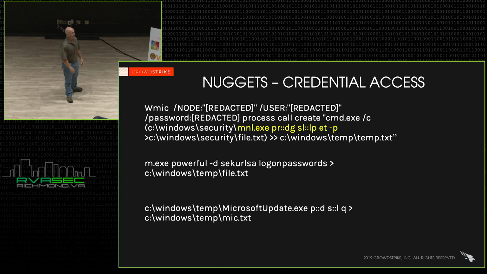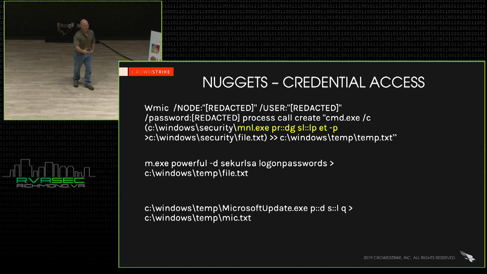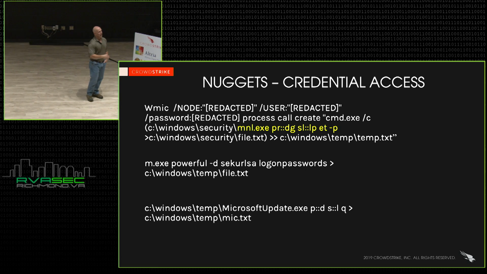That was new to us as of December of last year. So not only did they change the name, but they recompiled the binary to shorten the command line arguments. That breaks the really brittle detections. We've already progressed beyond the Mimikatz.